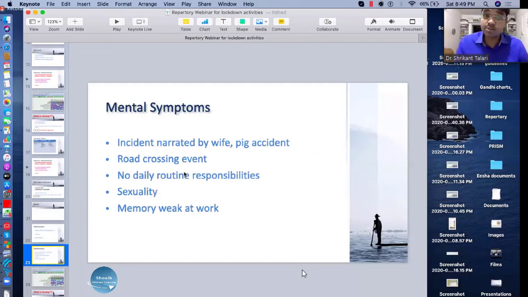Then the wife tells me an incident. She says, doctor, he is like this only. Once we were going back to our house after seeing a late night movie. There was nobody on the street. So he was driving the two-wheeler very fast. I and my daughter were sitting behind.